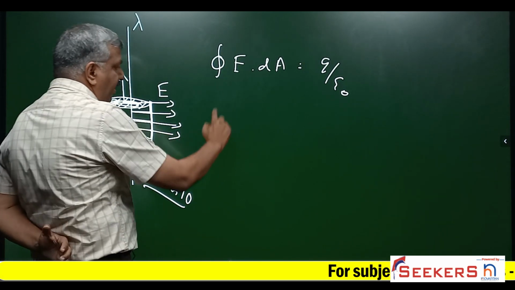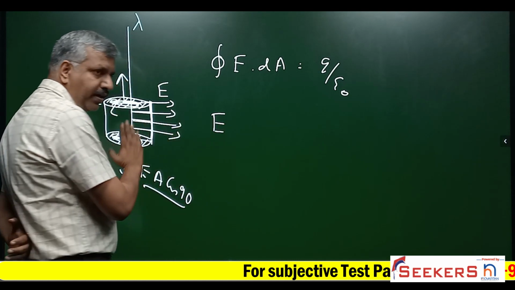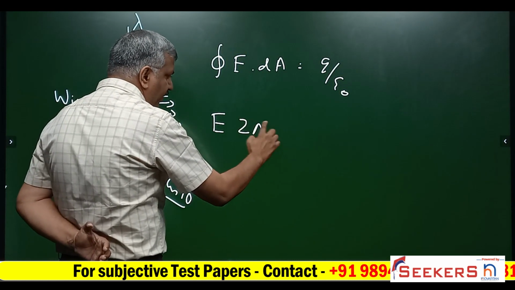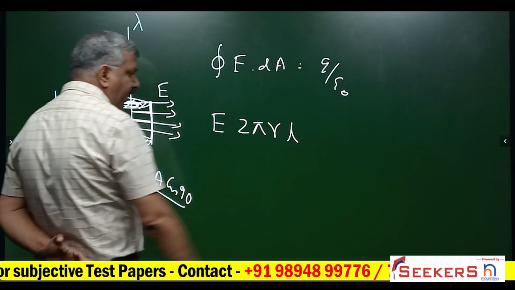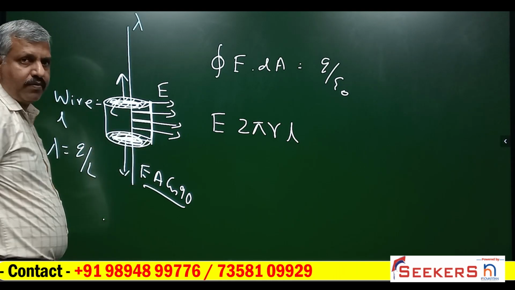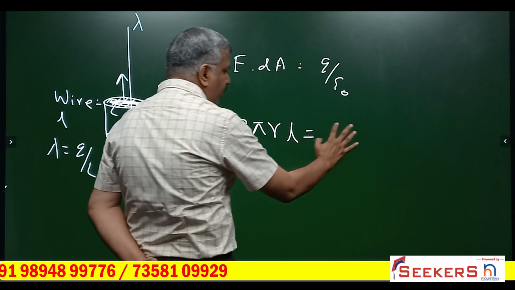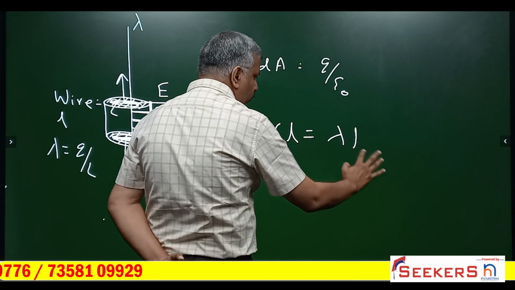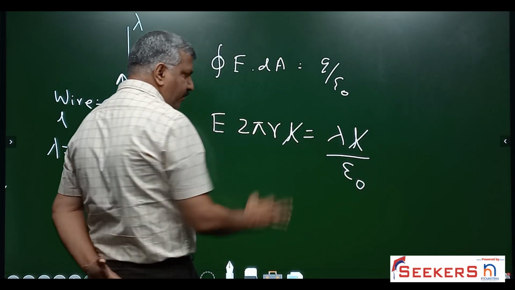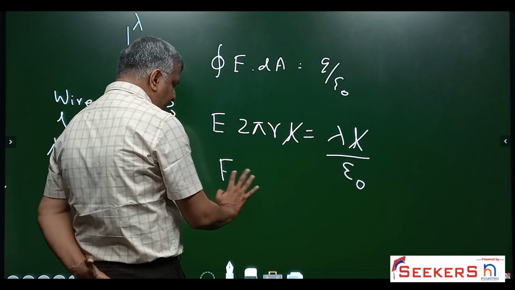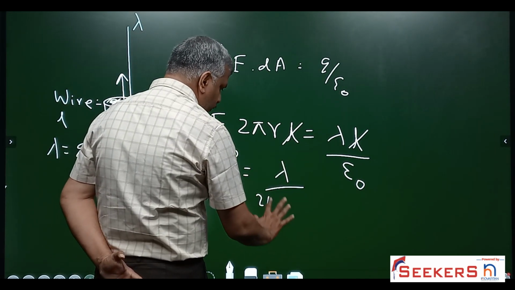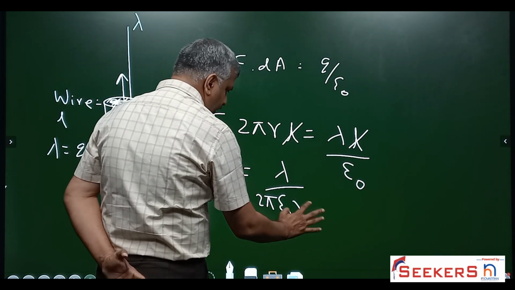Okay, so now the electric flux on the curved surface. Because E is the same, I can bring it out of the integral. The area of the curved surface will be equal to the circumference 2 pi r into the length of the curved surface. So we are talking about the area of the curved surface of the cylinder. Now this will become equal to lambda into L divided by epsilon naught. So here the L will get cancelled and I will get the electric field is equal to lambda divided by 2 pi epsilon naught r.